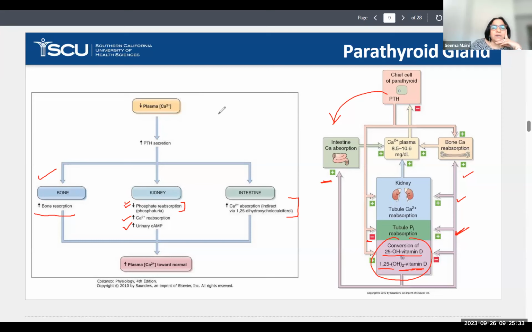Okay, now tell me, we have seen here that parathyroid hormone causes phosphaturia, right? What do you think is the benefit, or what is the effect of phosphaturia?